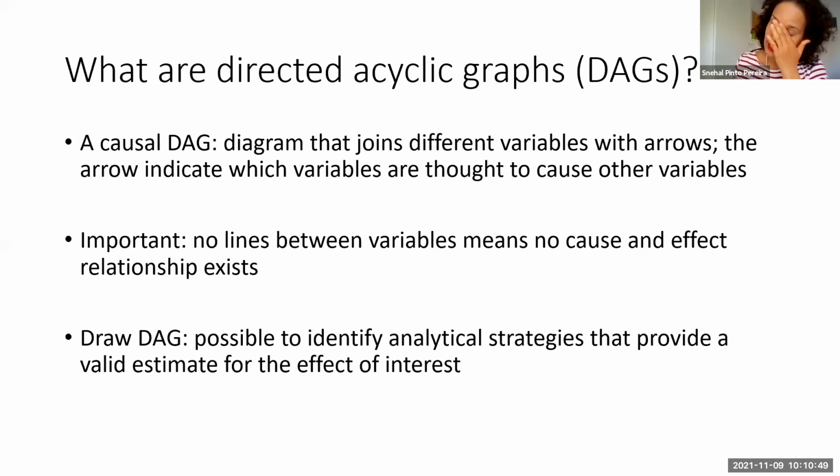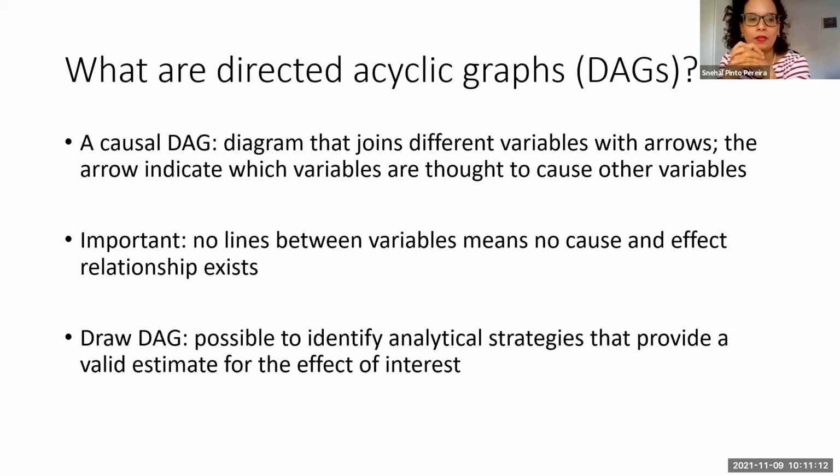So generally, the advice is, if you're not sure if there's a causal effect between two variables, put an arrow in. Because if you put an arrow in, you can actually estimate it to be 0. But if you don't put an arrow in, you're saying you're absolutely certain, beyond a shadow of a doubt, there's no relationship between the two variables.